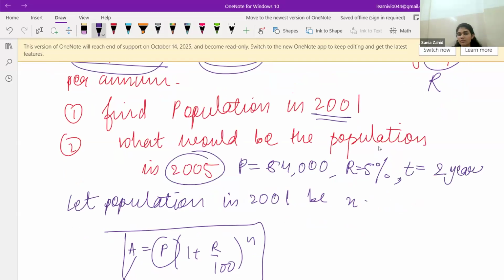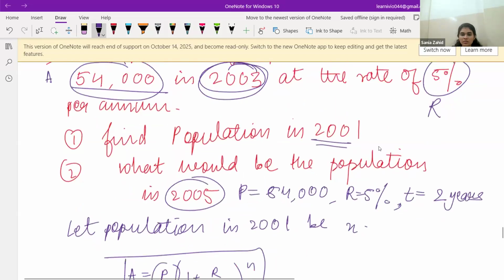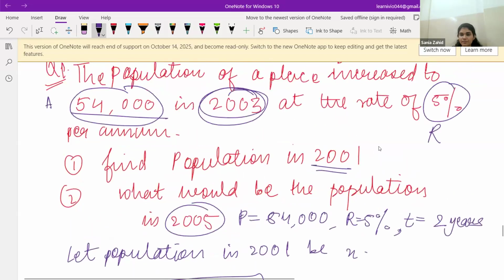Ma'am, but if we want to do this, then we have to know the amount, right? What are you saying, Duha? Ma'am, when I calculated the answer to find the population in 2001, I got a much smaller number than what you wrote. How much did you get? Ma'am, I got 34289.